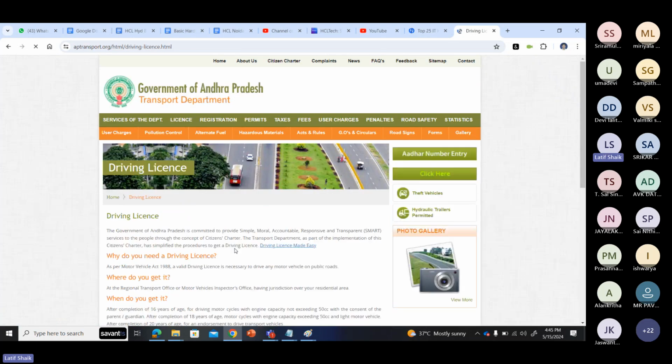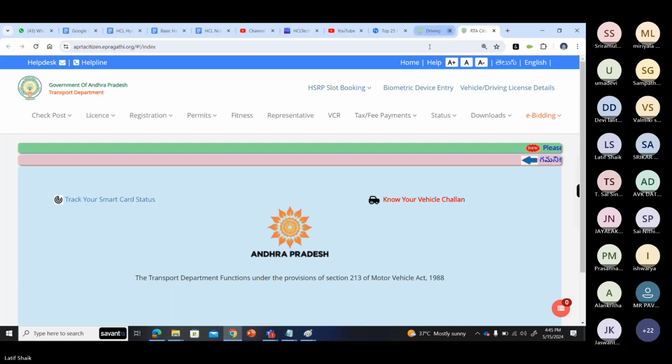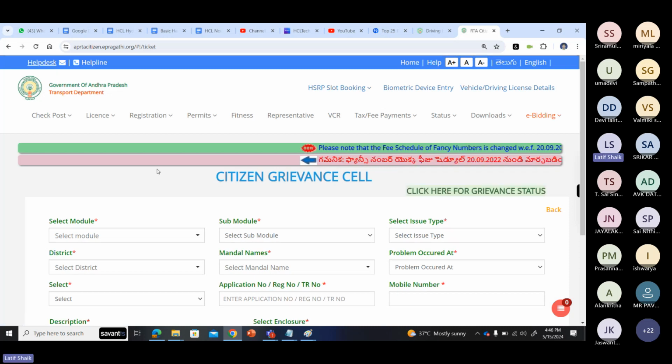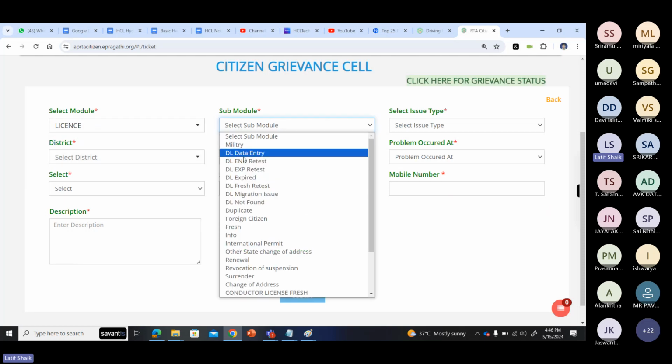For example, I have seen this website many times. You can see there is a help desk, helpline. If you click on help desk, this is a self-help portal. I can give my issue. My issue is related to the license.